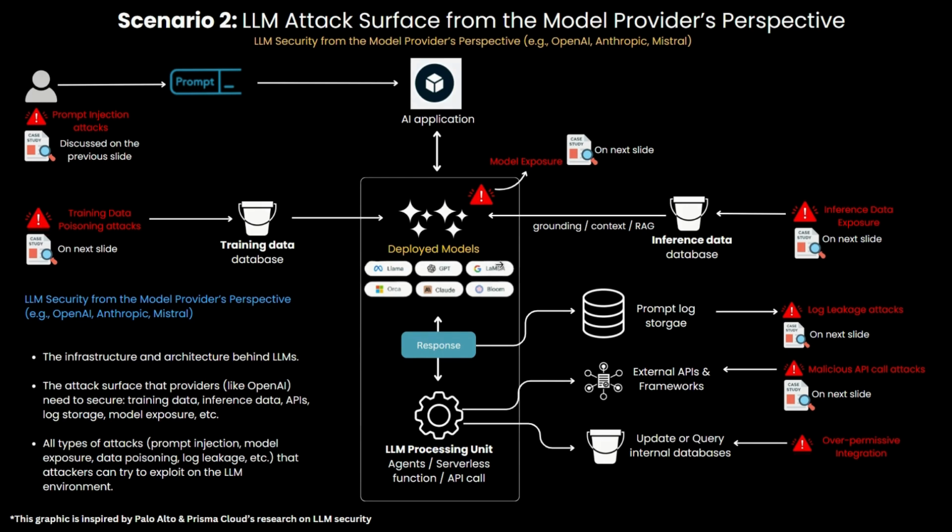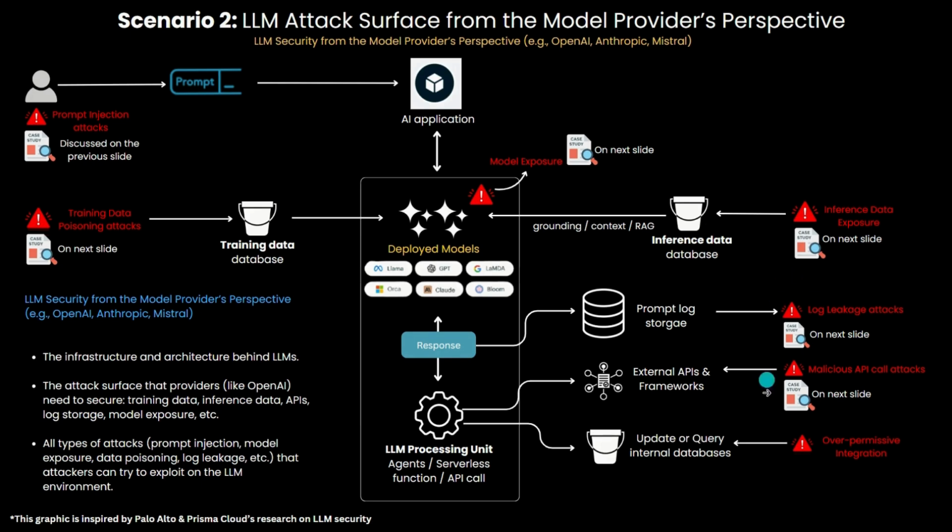The training data repositories power the model's learning, but if they are tampered with, this can lead to training data poisoning. And on this, we will see a case study in the next slides. Same way, you have inference databases, which ground the model's outputs in context, and these can also become targets of exposure attacks. We will see a case study for this also.